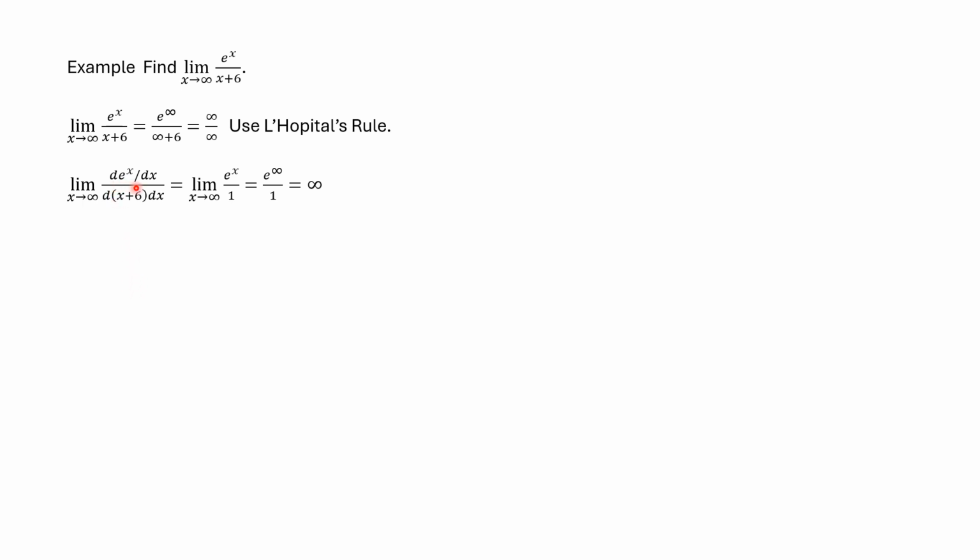The derivative of e to the x is e to the x. So I have the limit as x approaches infinity of e to the x over the derivative of x plus 6, which is simply 1. So I end up with e to the infinity over 1, which is infinity. Now I know what this limit is. E to the x over x plus 6 is infinity.